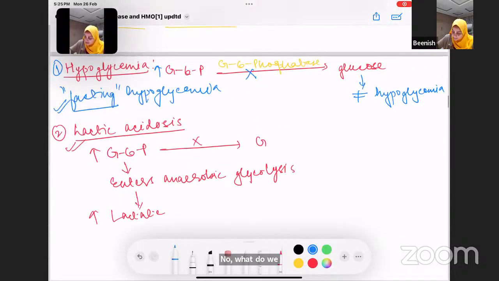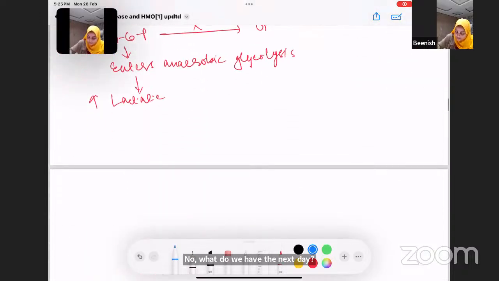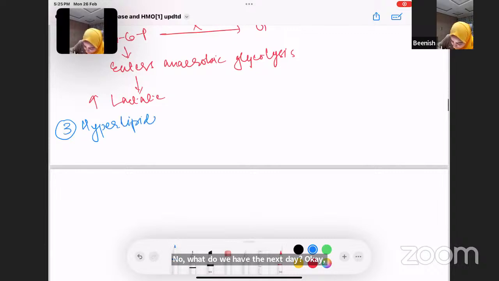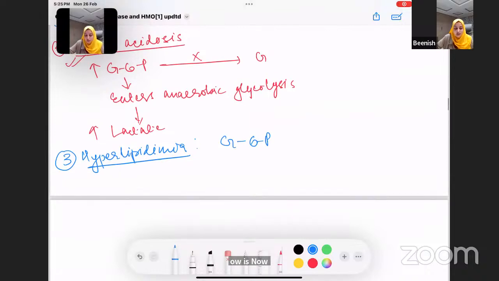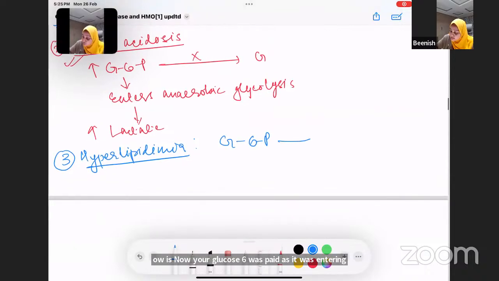Now, what do we have next? Hyperlipidemia. Let's see how hyperlipidemia is occurring. Now your glucose 6 phosphate, as it was entering anaerobic glycolysis, can also enter aerobic glycolysis.